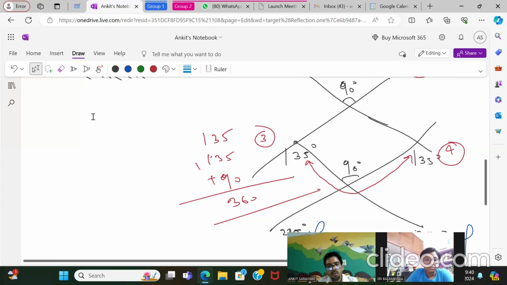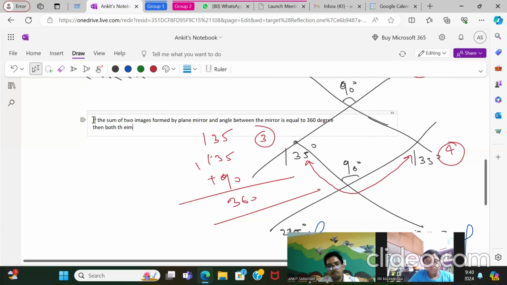If the sum of two images formed by plane mirror and the angle between the mirror is equal to 360 degrees, then both the images will be overlapped.